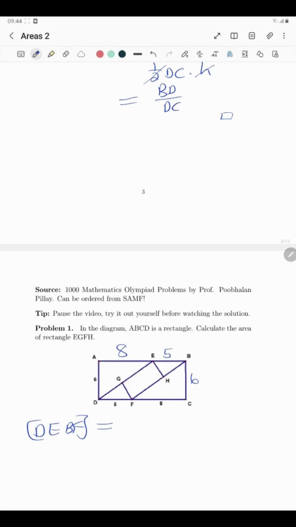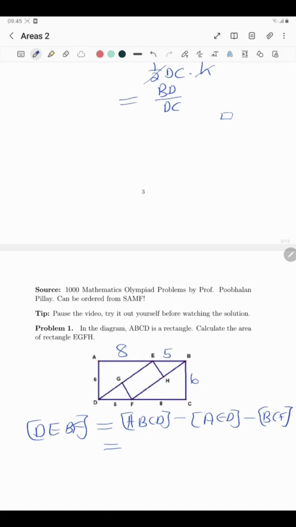Now, there are two ways you can calculate the area of parallelogram DEBF. The one way you can do this, you can take the big rectangle ABCD, and you can subtract the two triangles AED and BCF. Okay, let's do this maths and see what we get.